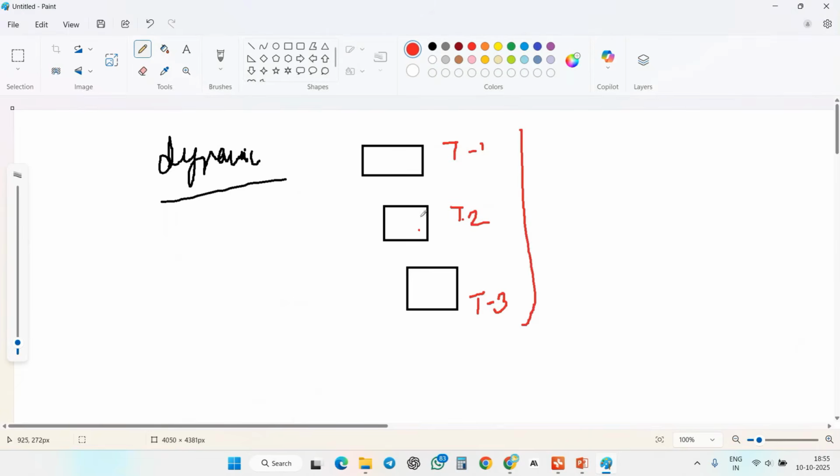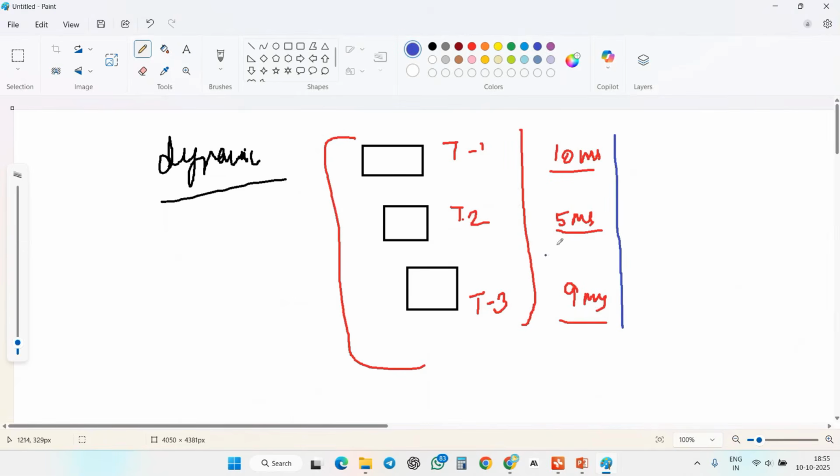This time, task 1 needs 10 milliseconds to complete. Task 2 needs 5 milliseconds to complete. Task 3 needs 9 milliseconds to complete. So at this time, the work has started. All the tasks have started.